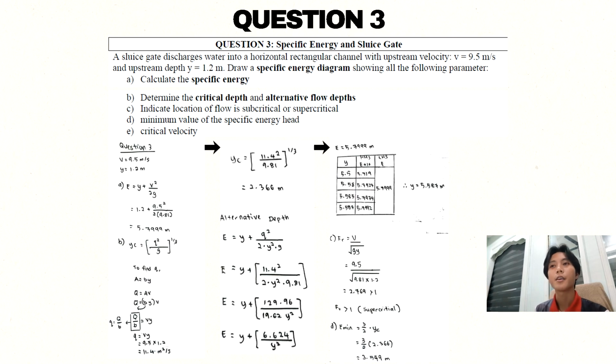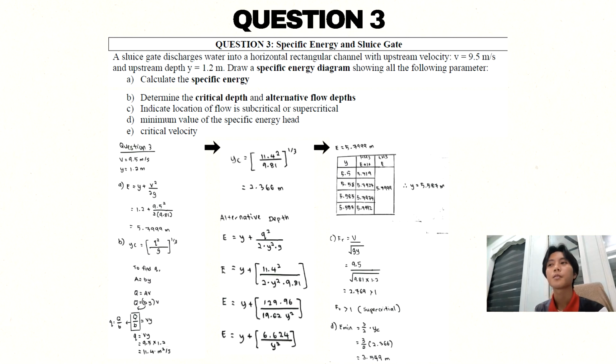So by using the trial and error method in the table, we can see that the closest amount that we can get is 5.587 meters. So the next question is C.